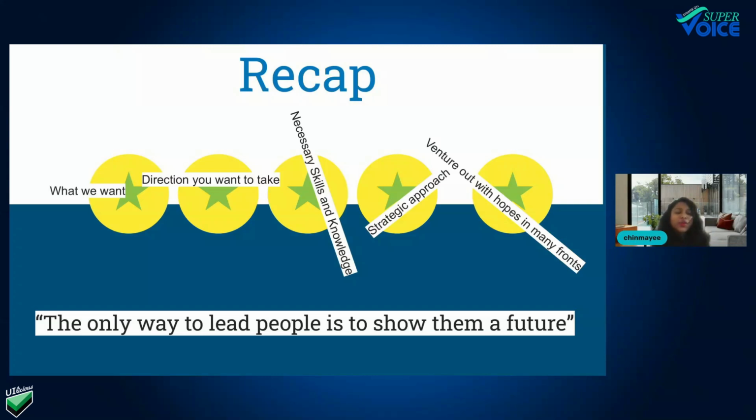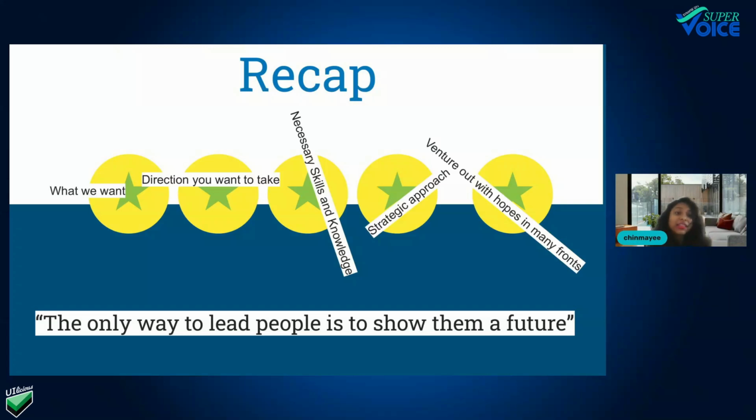So, to be a star leader, a star team performer, you have to see and align yourself to the different components of it. The first component being what we really want. Second is what direction you want to take. Third is the necessary skills and knowledge. Fourth is the strategic approach.